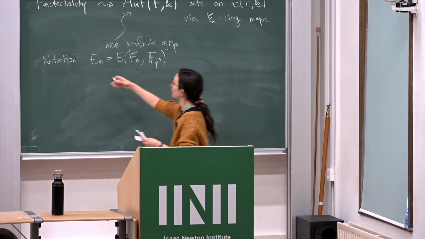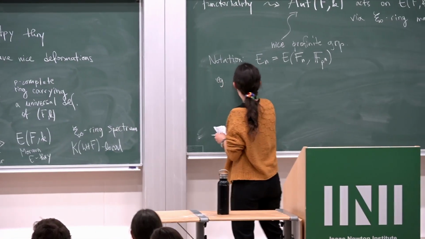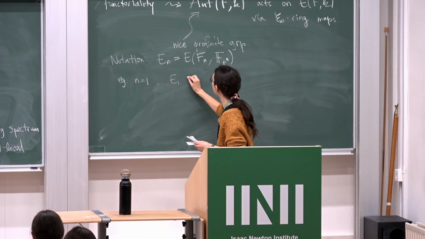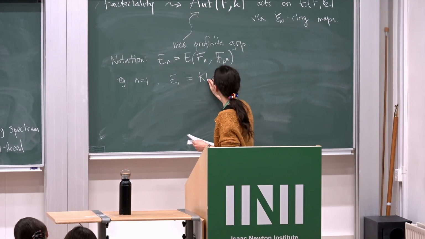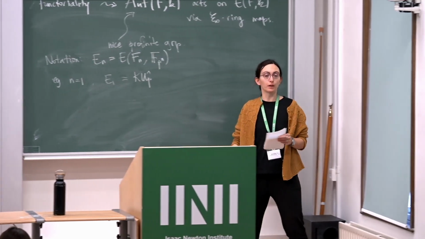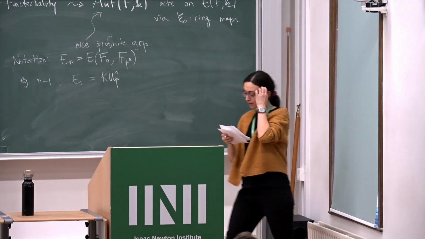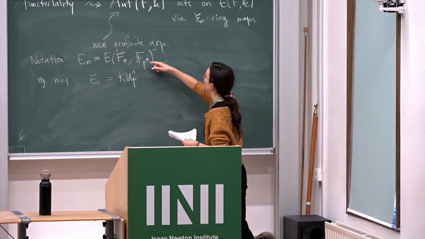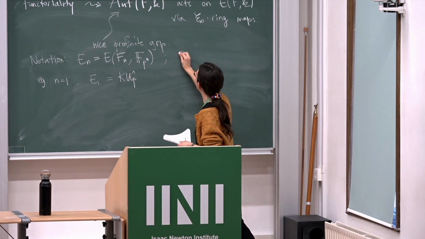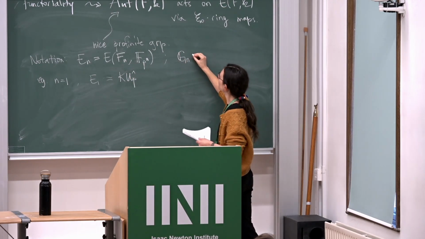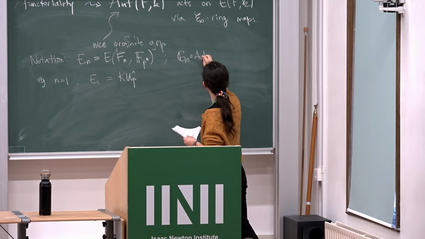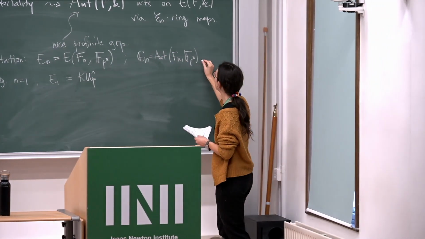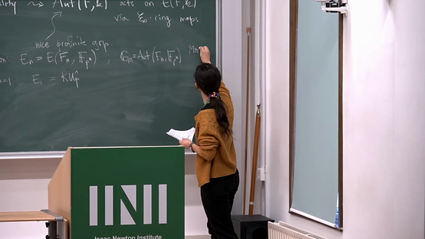Okay, so for example, when n is 1, this E1 is equivalent to the P-completion of the complex K-theory spectrum. Now, another notation: the automorphism group of this pair often goes by the name Gn, and this is called the Morava stabilizer group.